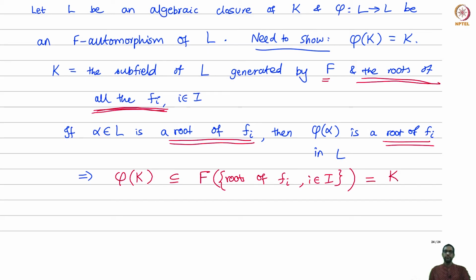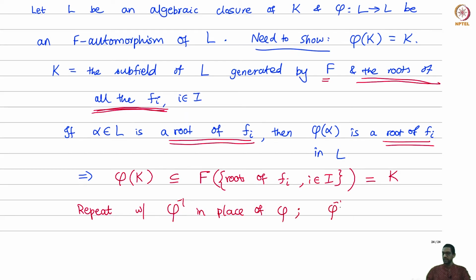So if you look back, it's the same proof really for the uniqueness as well. So phi K is a subset of K, and now we repeat the argument with phi inverse in place of phi, and when you do that, what do you conclude?